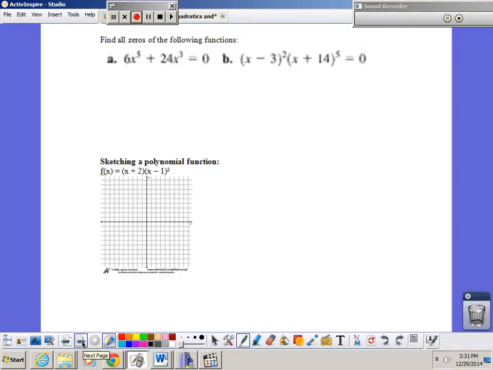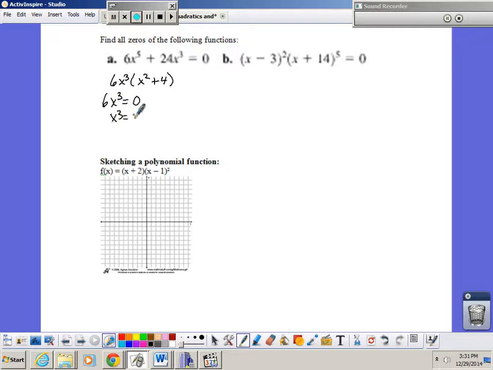Okay, find all the zeros of the following functions. Okay, this one. I can't do the constant and the leading coefficient because there is no constant, but I can pull out a 6x cubed, and I'm left with x squared plus 4. 6x cubed equals 0.